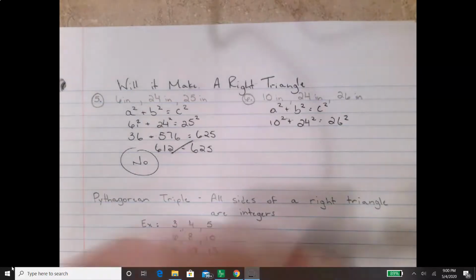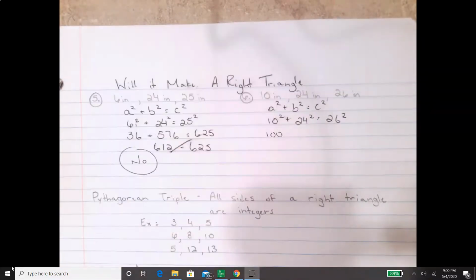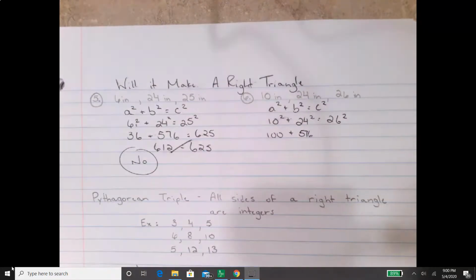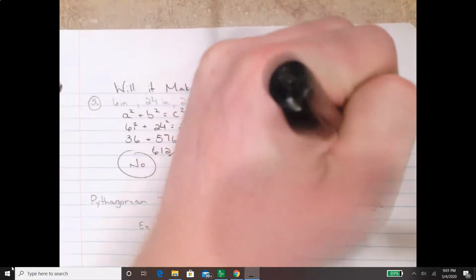Now let's go through and solve. 10 squared is equal to 100. 24 squared is equal to 576. And 26 squared is equal to 676.